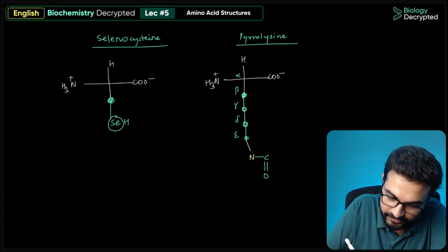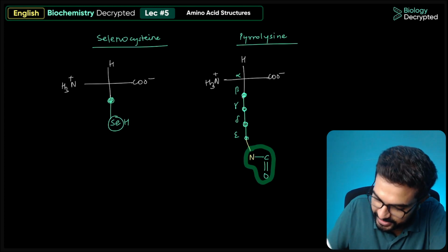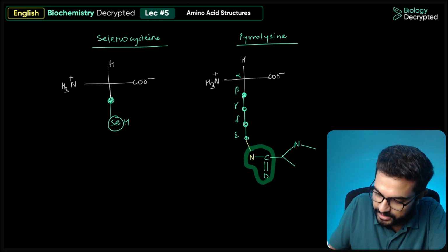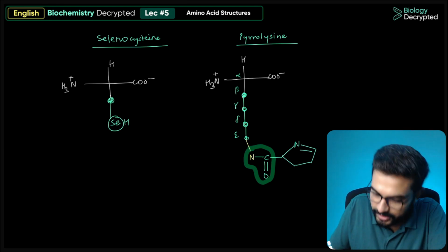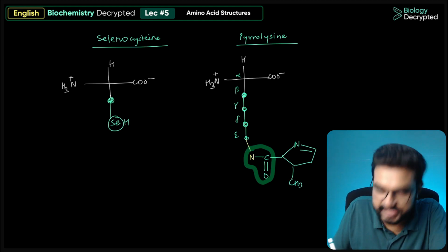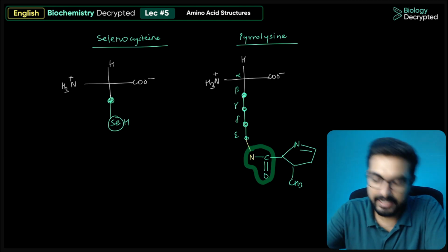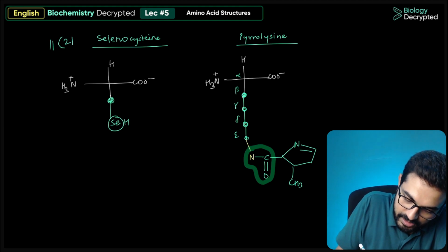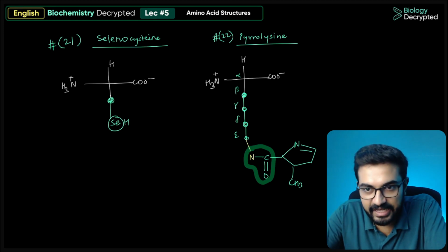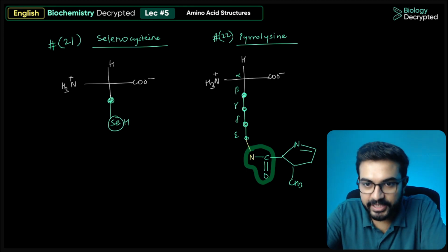This is an example of an amide bond. And here you will be attaching this group where you have a nitrogen, you have this double bond, and you have another carbon here. So this carbon can be shown as a CH3 group. So this is an example of pyrrolysine. This is the structure of pyrrolysine, and this is your amino acid number 22, and this is amino acid number 21. So these are the two more amino acids, the 22nd and 21st amino acids.